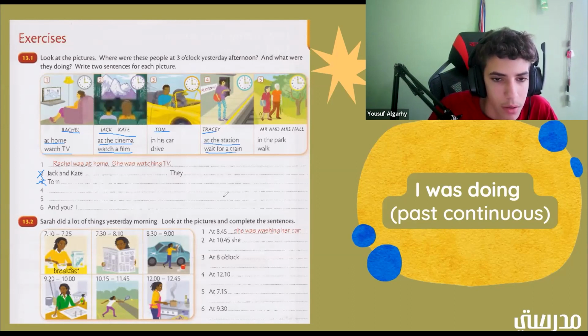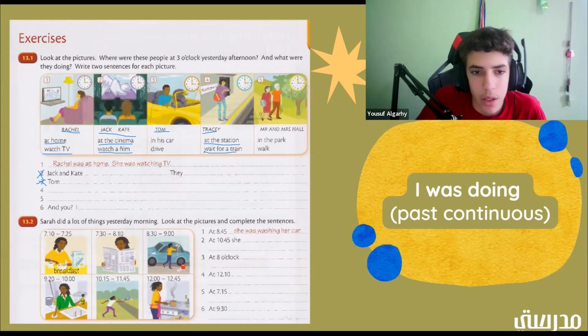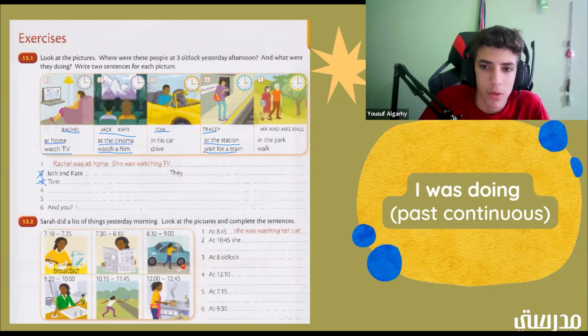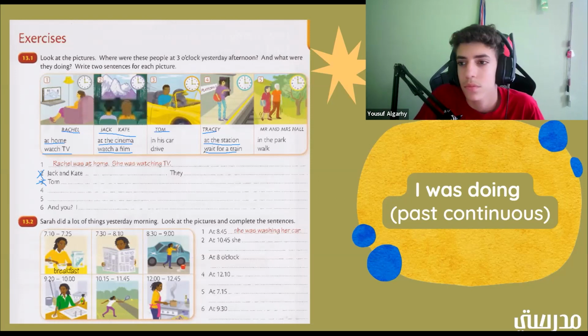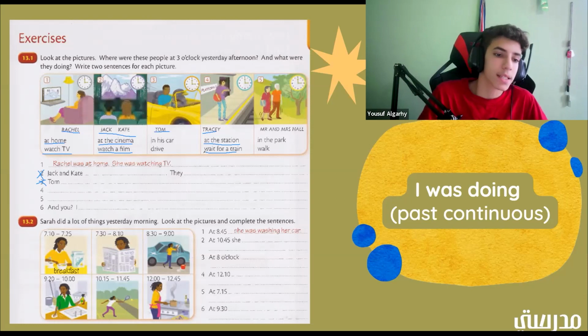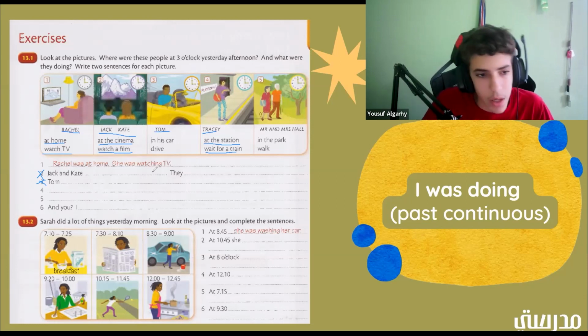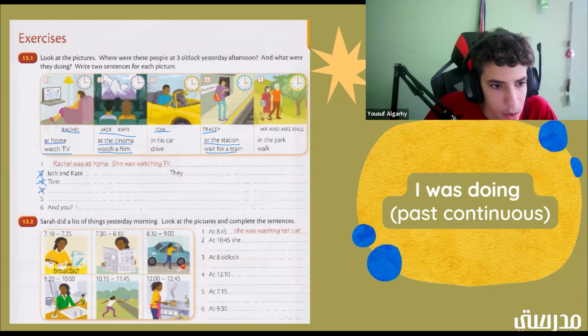Wait for a train. So what was Tracy doing? Does anyone know? Tracy was waiting at the station. All right, good job. That's number 4.